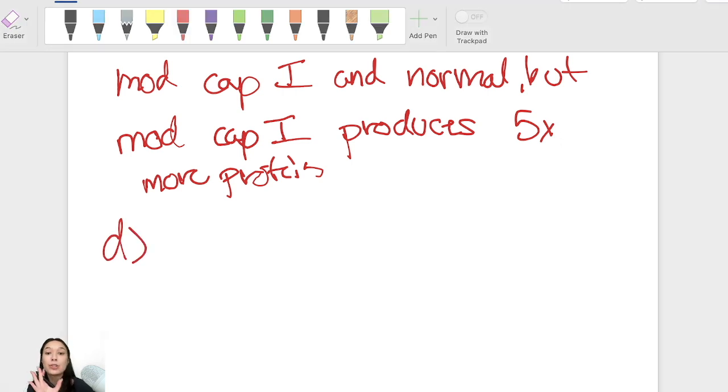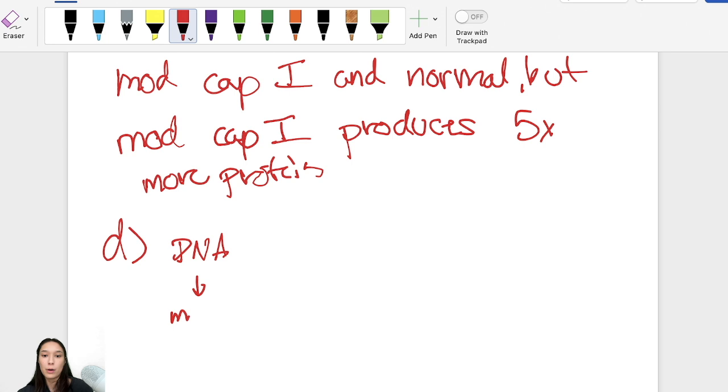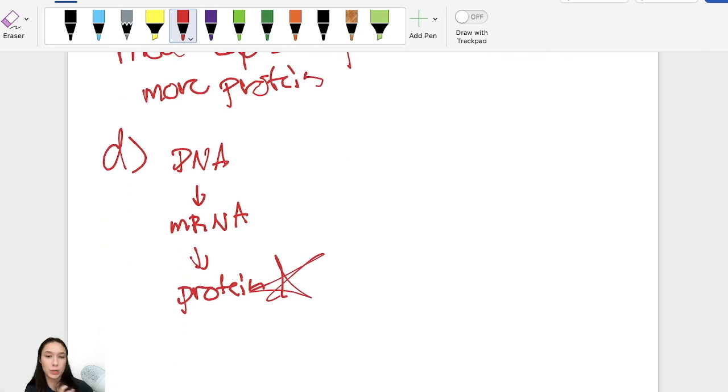There are a couple different things you can say for this one, but if we look at our central dogma, it goes DNA, mRNA, and then protein. Our goal is to produce the protein. They're asking why you are inserting mRNA instead of DNA.